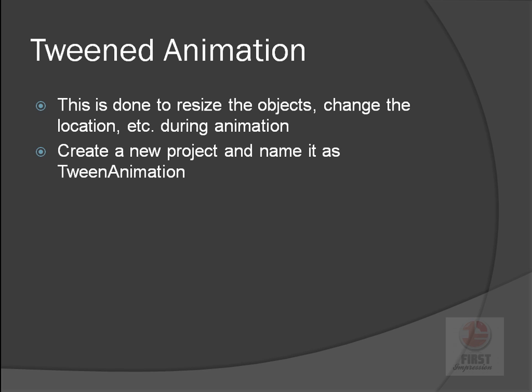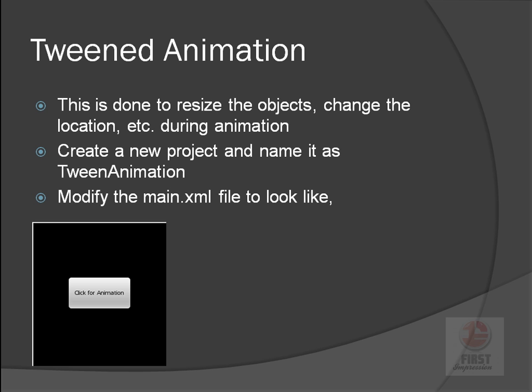So we will create a new project and name it Tween Animation, and we'll make the layout look something like this. You have guessed it right. There is only one control on the screen, that is a button. This is a relative layout because the button is placed at the center of the screen. That is, the position of the button is with respect to the parent.